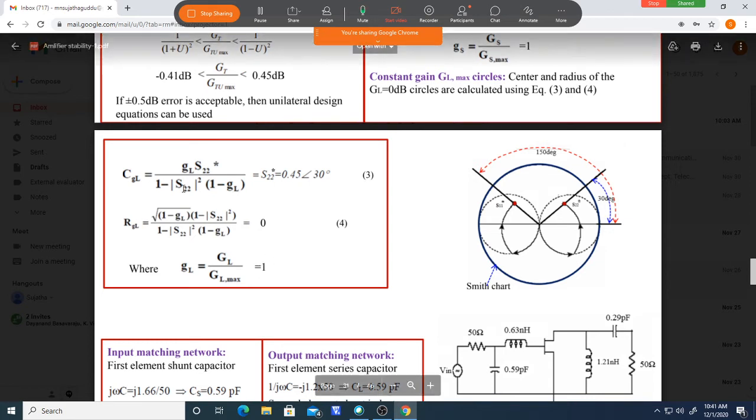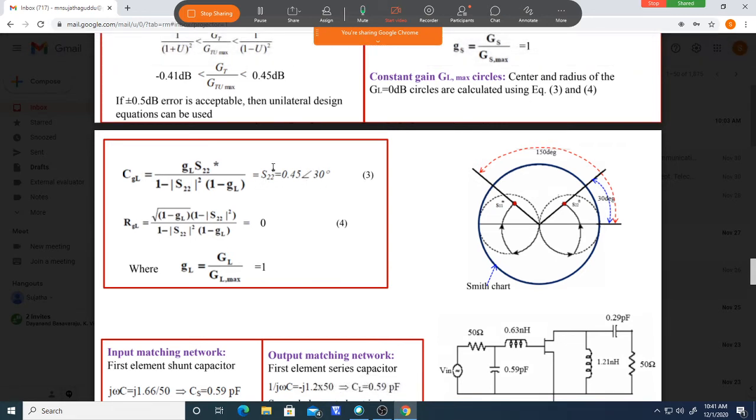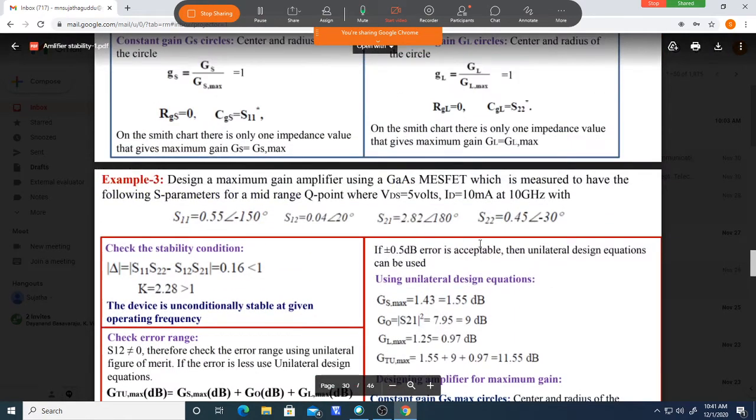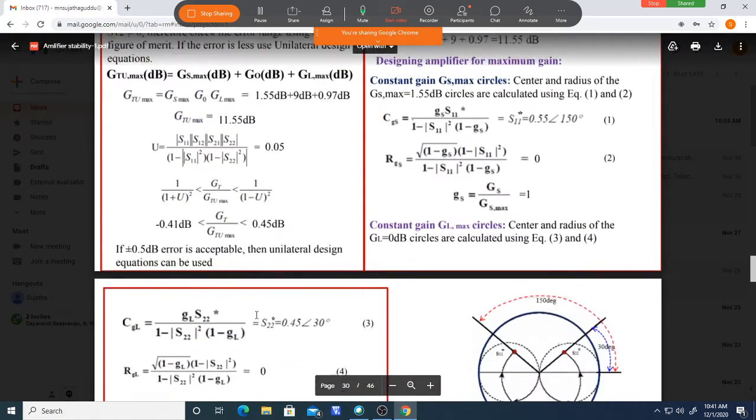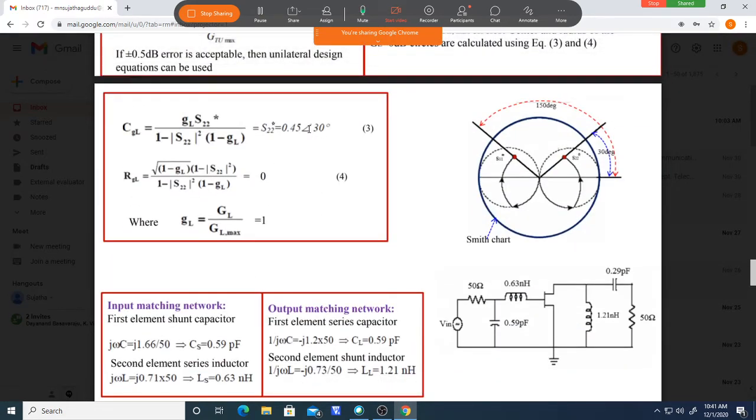If you put this here, we will get the center as this value, 0.45, S22 complex conjugate. S22, what? S22 is from here. See, 0.45 at minus 30 degrees. But we need S22 complex conjugate. S22 complex conjugate means it is 30 degrees. Magnitude remains the same, but the angle changes. It is 30 degrees.